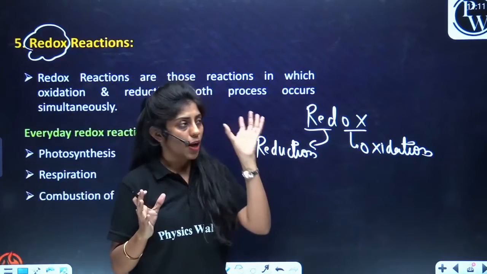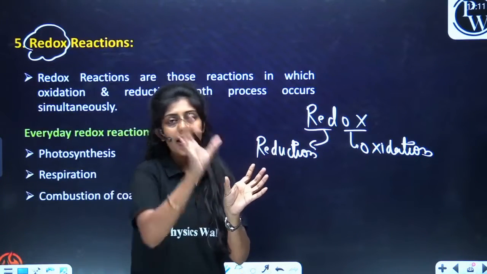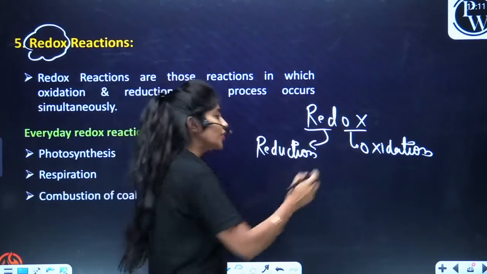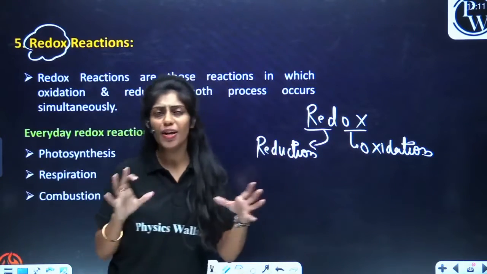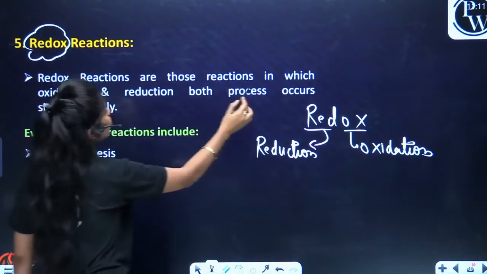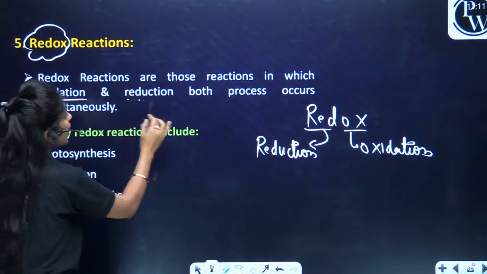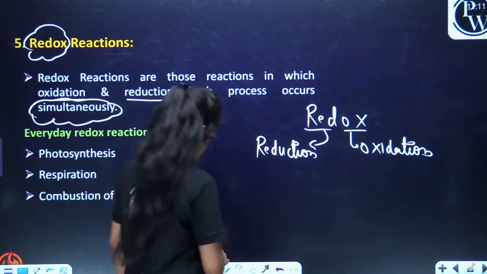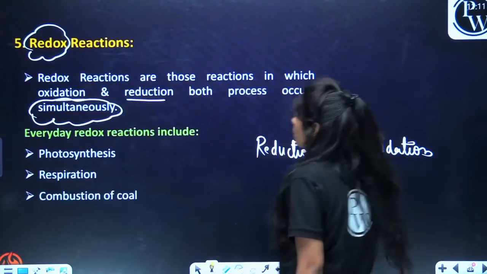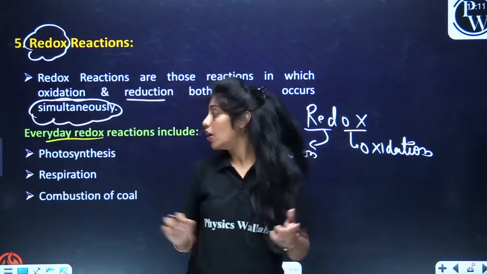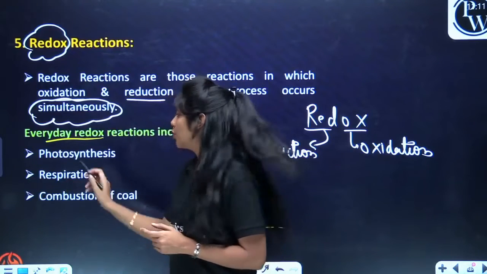What does that mean? One time there will be reduction followed by oxidation, or oxidation followed by reduction, that is simultaneously. So basically, redox reactions are those reactions in which oxidation and reduction processes occur simultaneously. Clear?